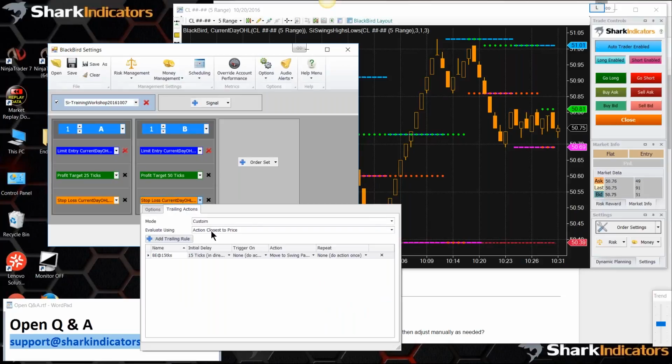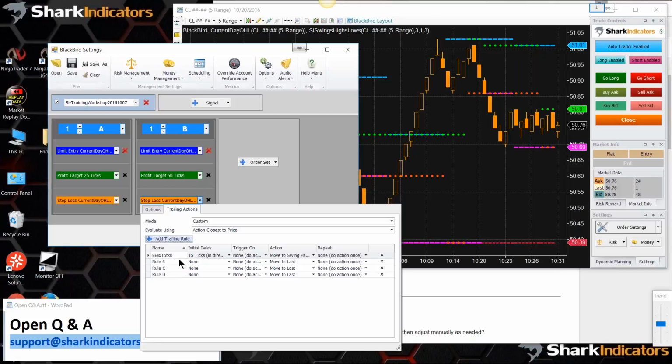So, right, evaluate using. Let's say we have multiple rules here. If you have multiple rules set up, it's quite possible that you could have two rules that are wanting to execute at the same time. Or you could even have three, or maybe all four rules are wanting to execute at the same time.